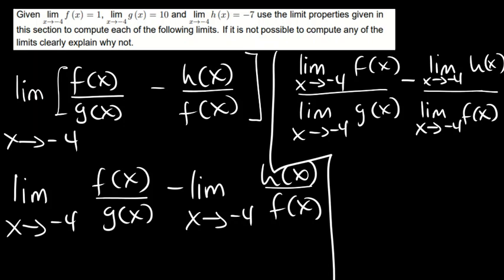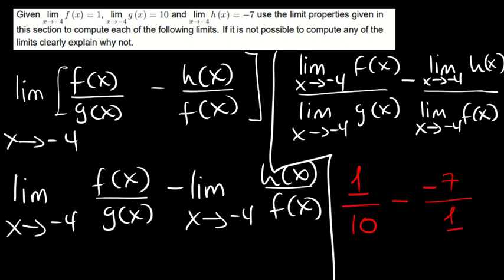The limit of f of x as x approaches minus 4 is 1, so we're going to have 1 divided by the limit of g of x as x approaches minus 4, which is given as 10. So we have 1 divided by 10, minus the limit of h of x as x approaches minus 4, which is given as minus 7, divided by the limit of f of x as x approaches minus 4, which is 1.